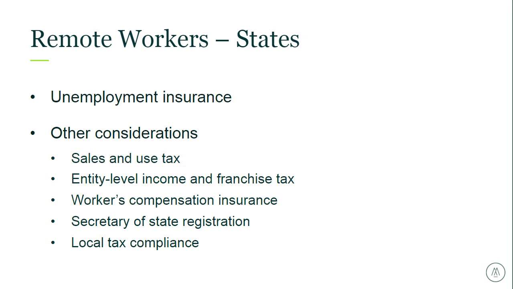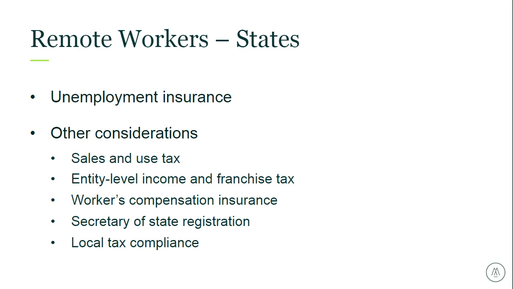Also, we've got entity-level income and franchise tax considerations. Like I had mentioned, most tax-exempt orgs are exempt from income tax at the state level outside of unrelated business income. Most states, if you have federal taxable income, it's also going to be subject to the state's taxable income. If you have an employee in that state, you've now created physical nexus.